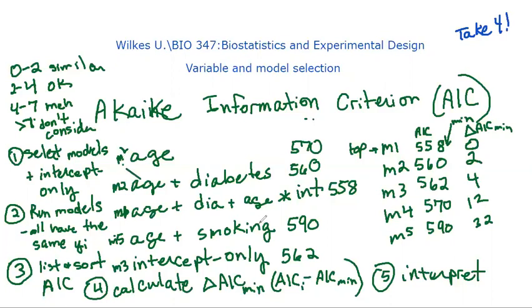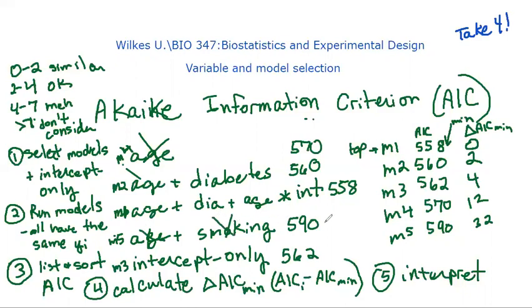Okay, so right off the bat, M4. Who is M4? Age, no, 1, 2, 3. It was just age. So there's our M4. So just age, we can get rid of. And M5, age and smoking, we can get rid of.